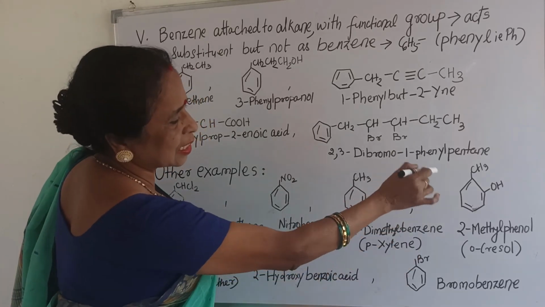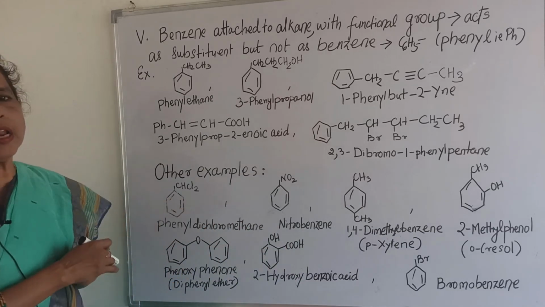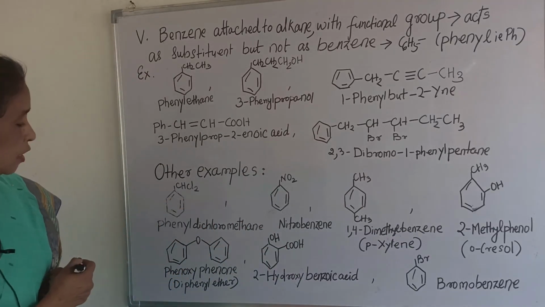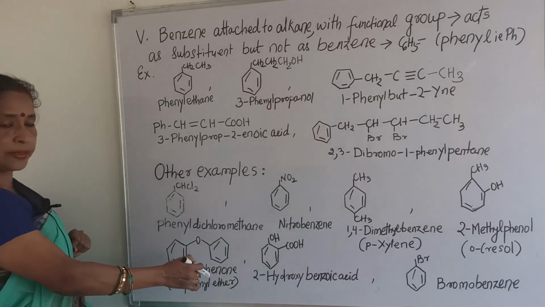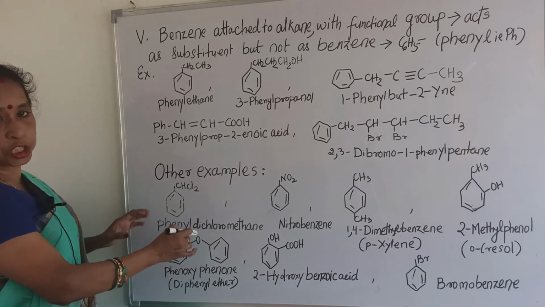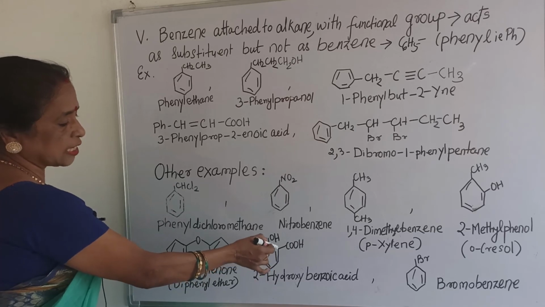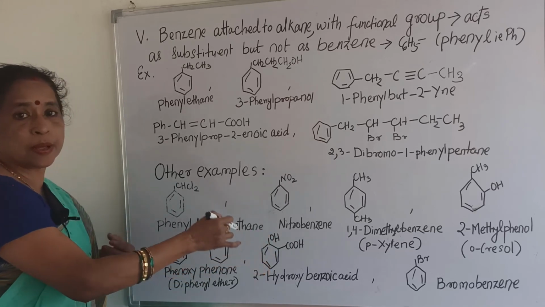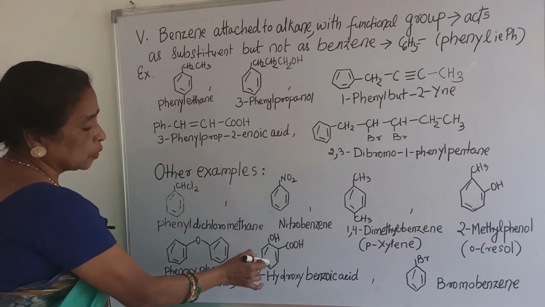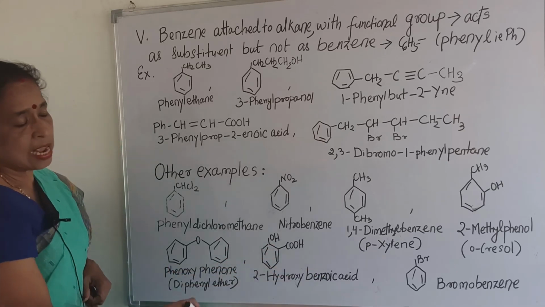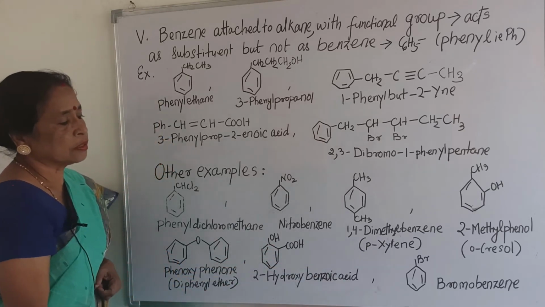And here CH3 and OH, so 2-methylphenol, and the common name is ortho-cresol, and here it is diphenyl ether as the common name, where the oxygen group is attached to 2 phenyl groups, and here 2-hydroxybenzoic acid, because COOH is the principal functional group, that is why 2-hydroxybenzoic acid, and the last one is bromobenzene.